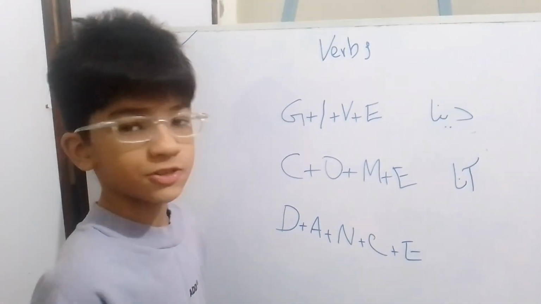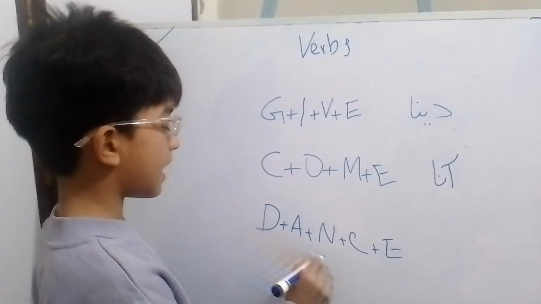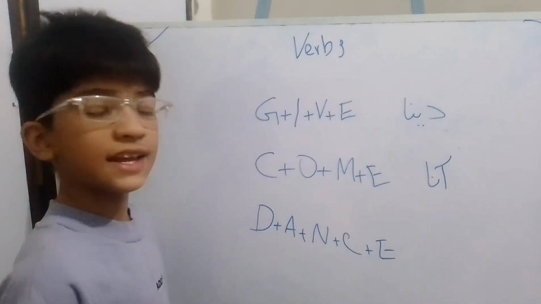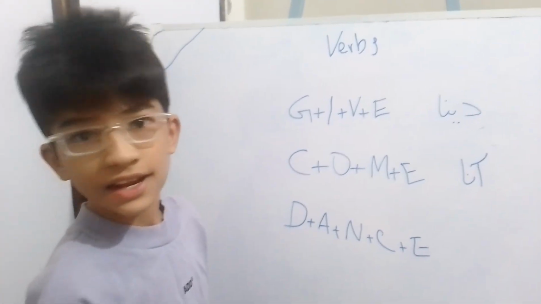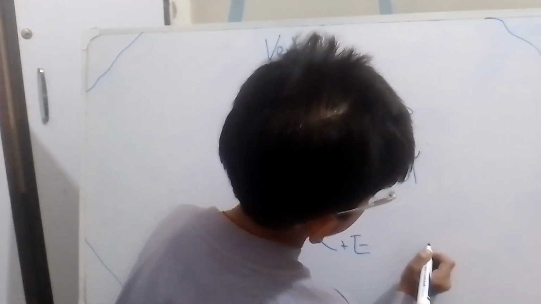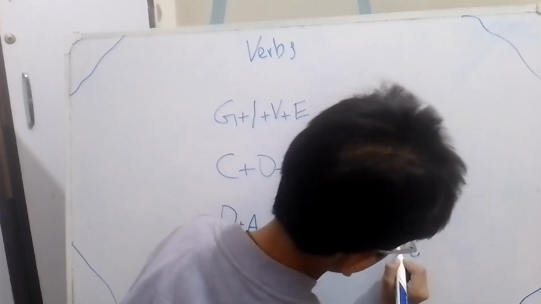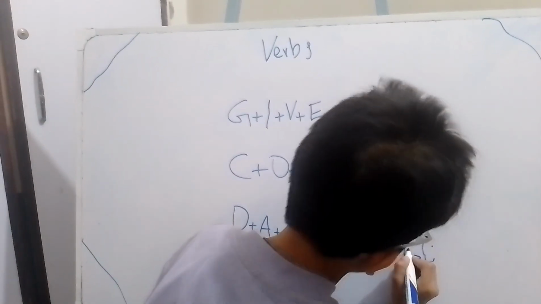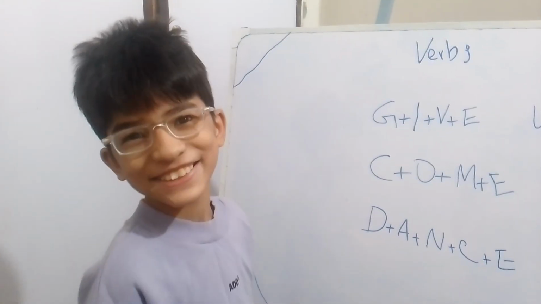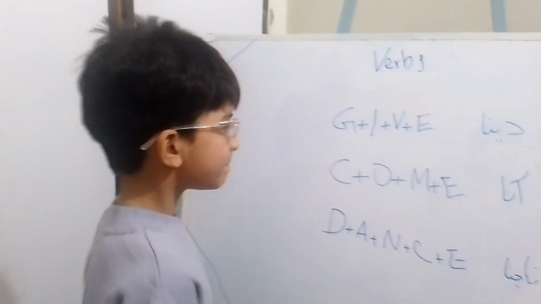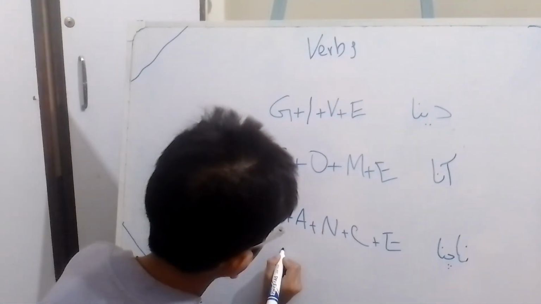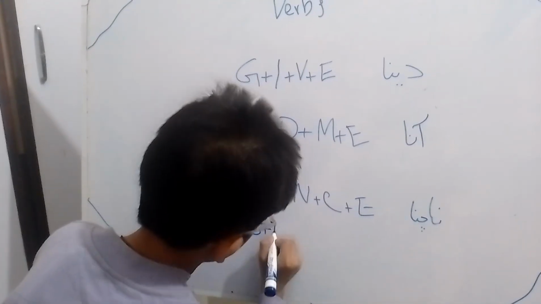D plus A is D, N, Dan, plus C, dance. Dance means nachna.